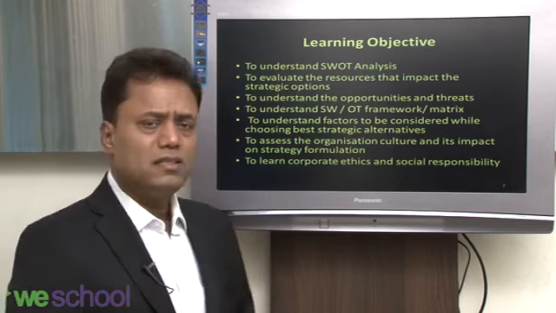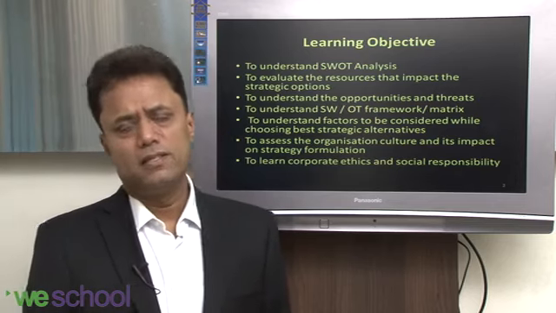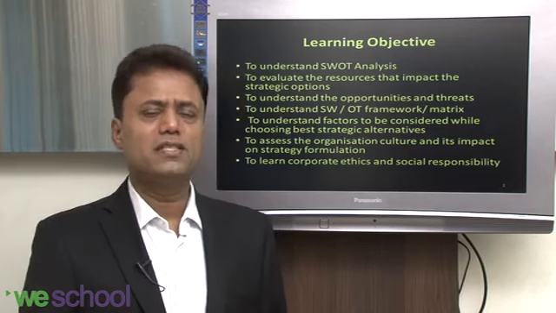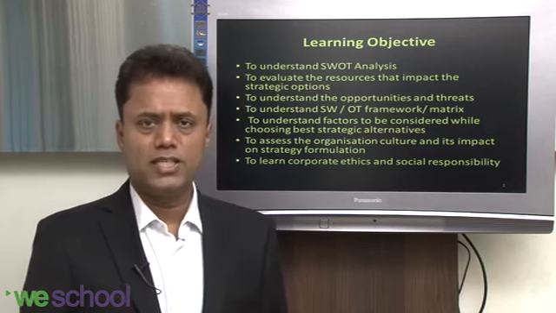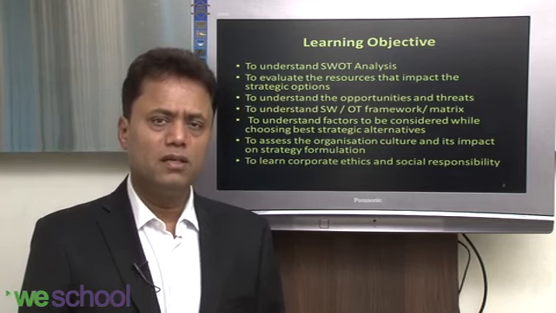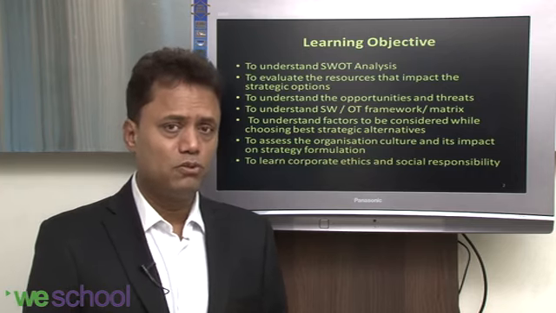We also understand the strengths and weaknesses as well as opportunities and threats. Strengths and weaknesses are more internal to the organization. Opportunities and threats are external to the organization, the external environment. We learned quite a lot about the external environment in chapter 2.